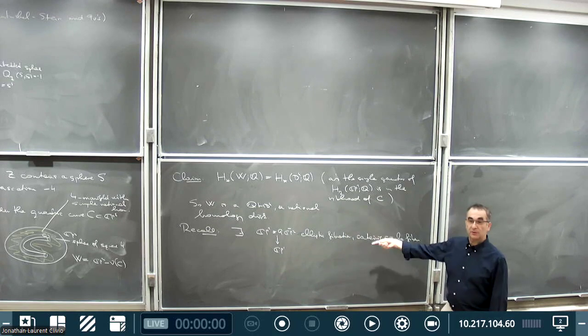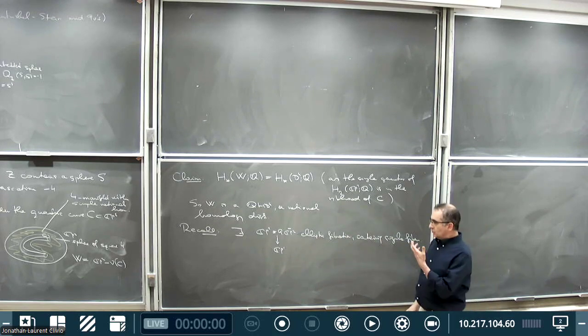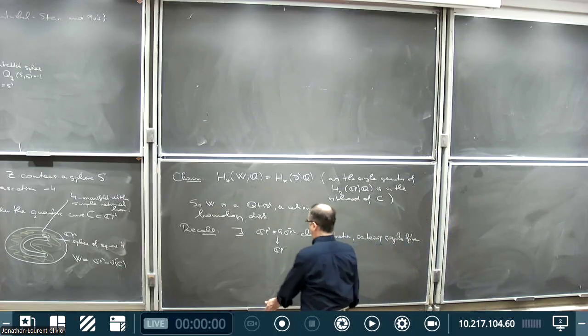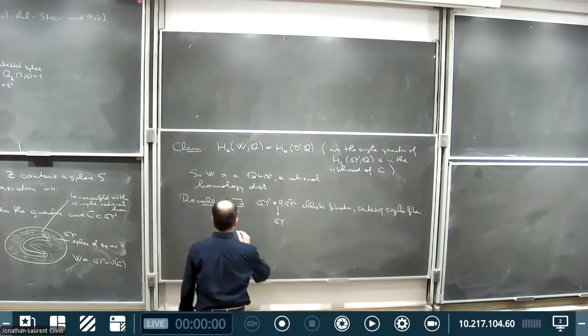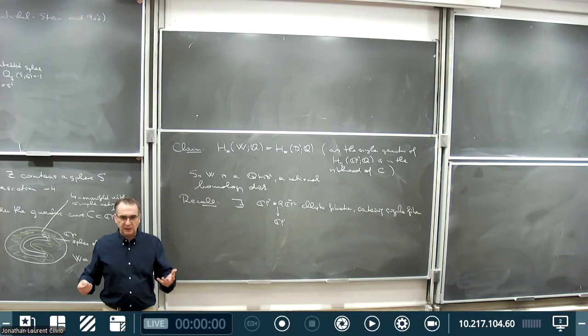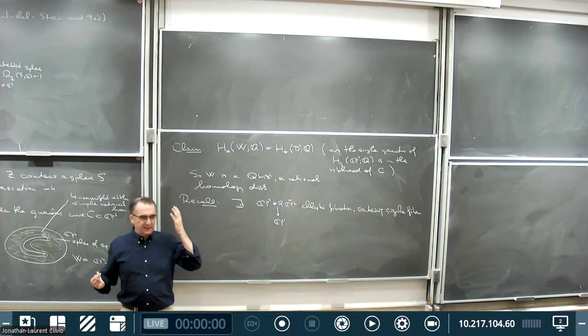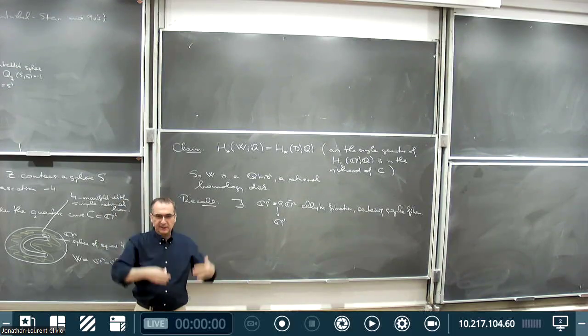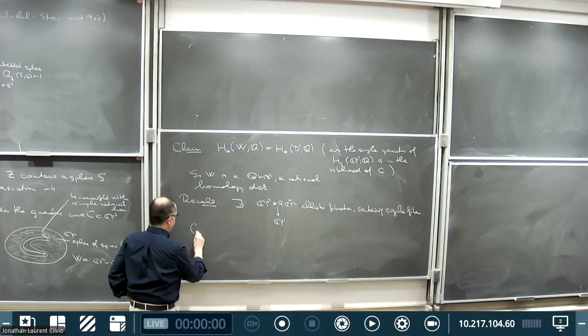This is what we went through yesterday, and we would like to pick specific singular fibers. Of course, the fibration depended on our initial choice. You remember we had to pick a curve C0 and a curve C1, and then blow up, and then we got the fibration.